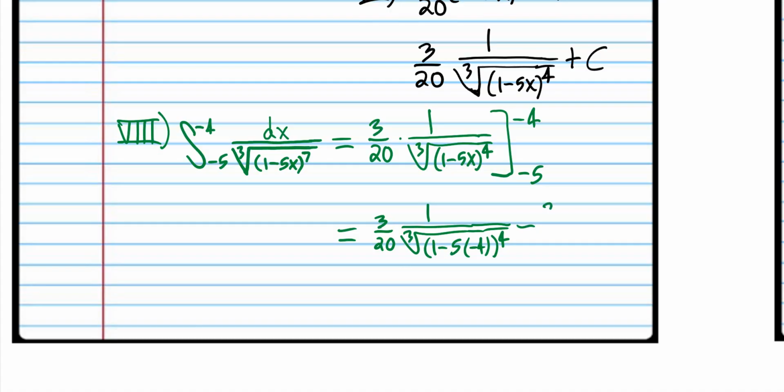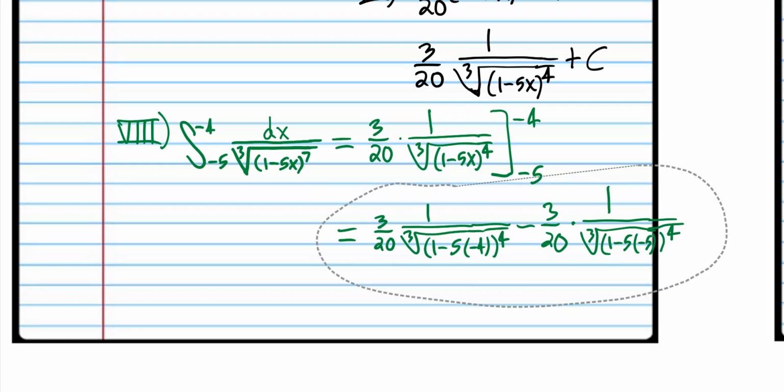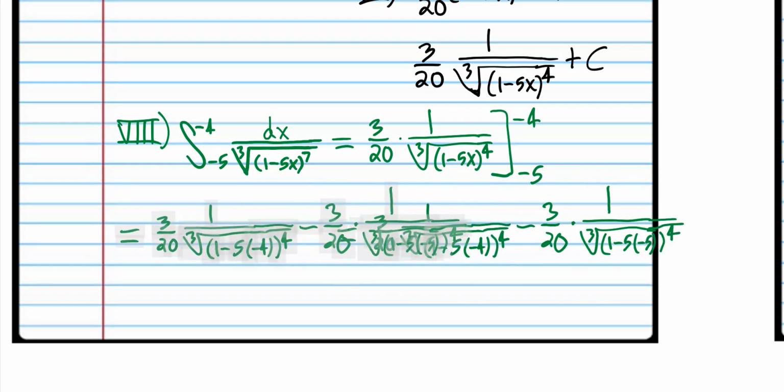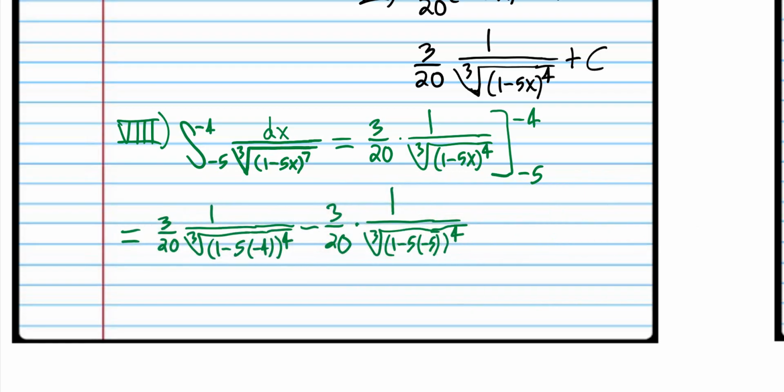And then we're going to subtract 3 over 20 times 1 over the cube root of 1 minus 5 times negative 5, and all that's going to be raised to the 4th power again. So I'm going to bring this over here. Obviously there's not much room, but you probably want to write an arrow so we know we're shifting over there.